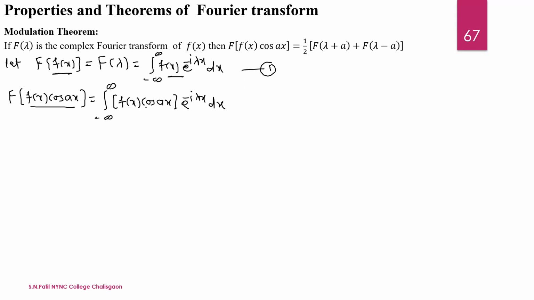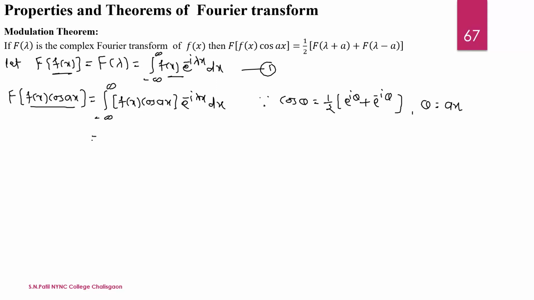Okay, so here we simplify this cosine term in terms of the exponential function. We know that cos theta is 1 upon 2 [e raised to I theta plus e raised to minus I theta], and theta is here ax.